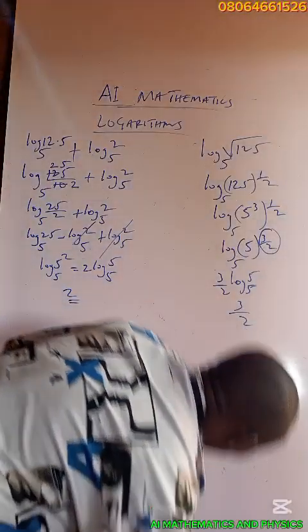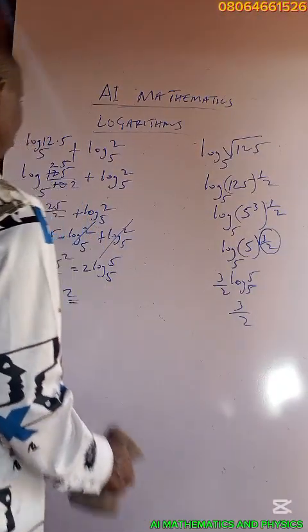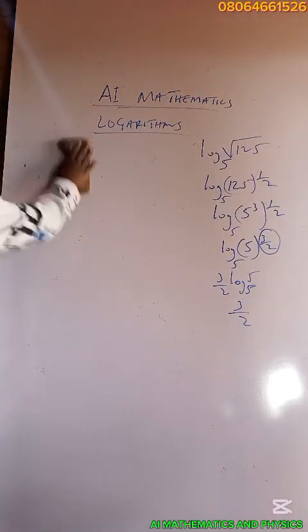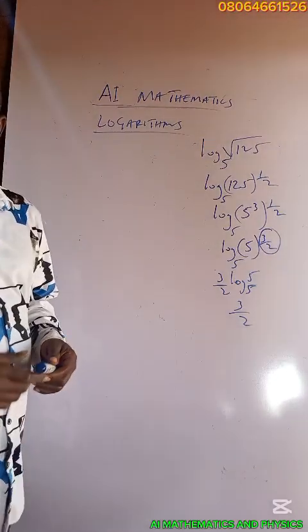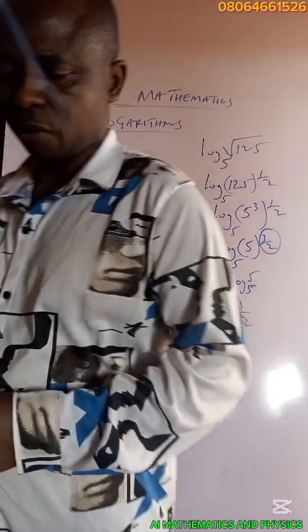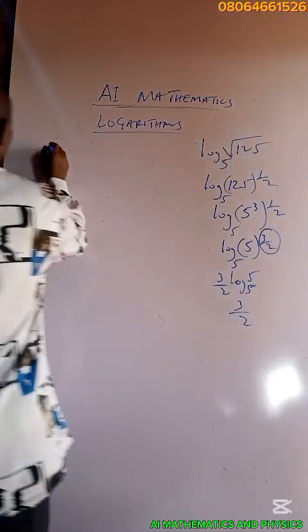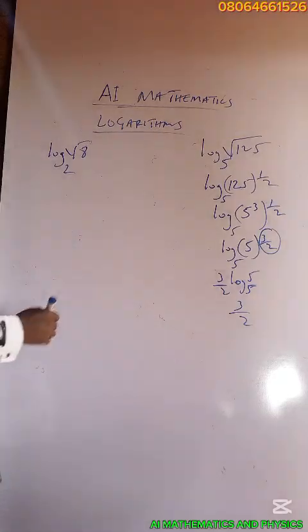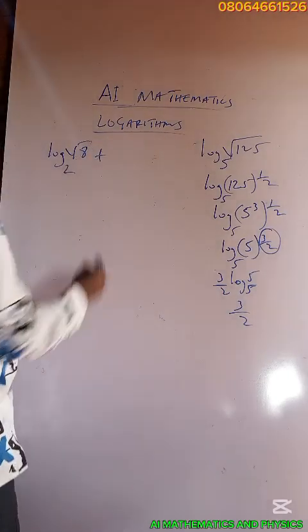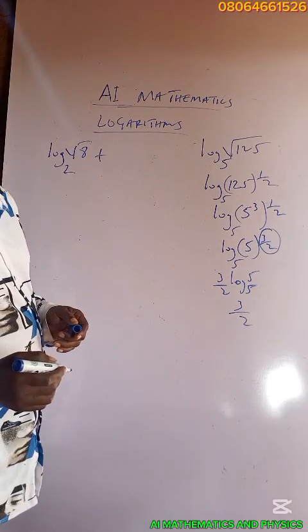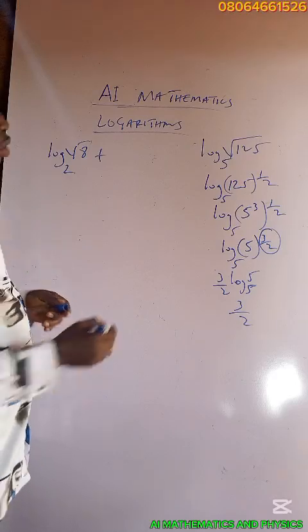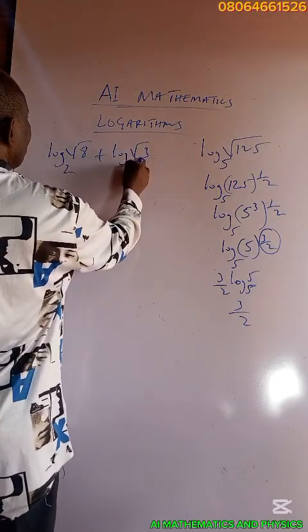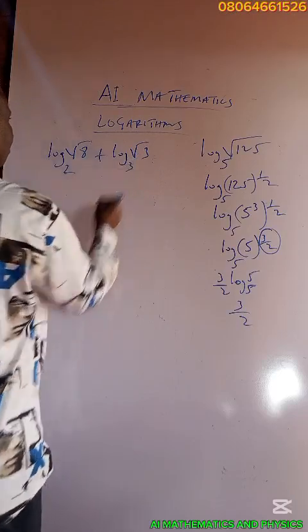Then let me try that one more. D. We have log root 8 base 2 plus log root 3 base 3.